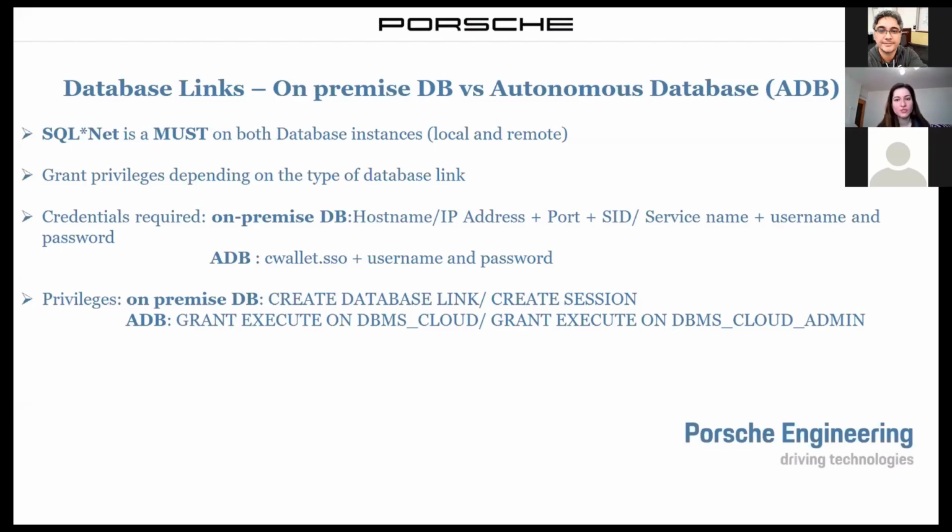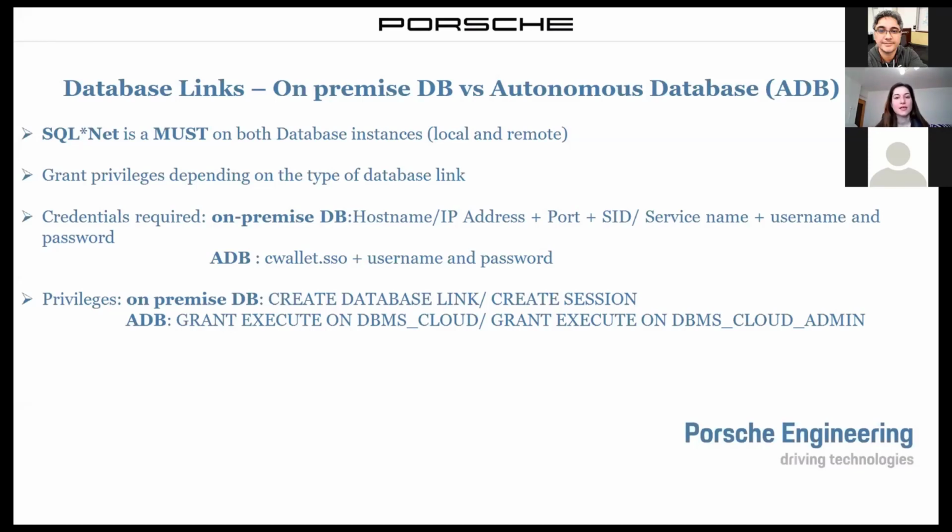The credentials that need to be used in DB links are a bit different because in autonomous, as I mentioned when presenting the autonomous database, we have all the credentials stored in a zip file, in a wallet.